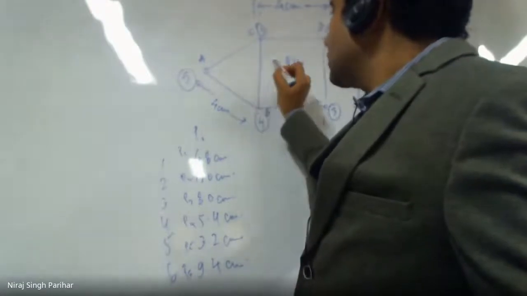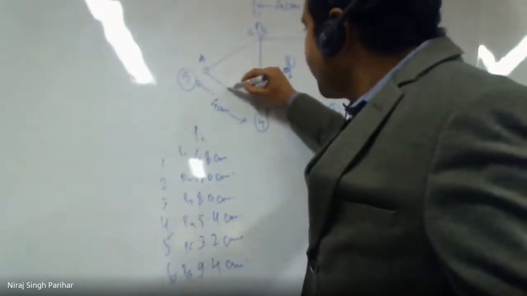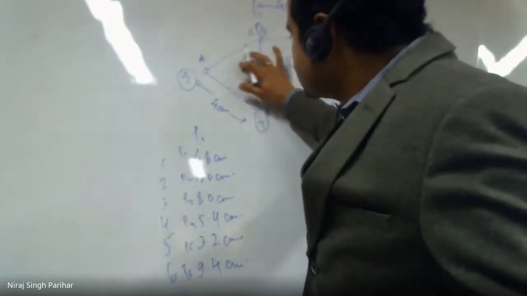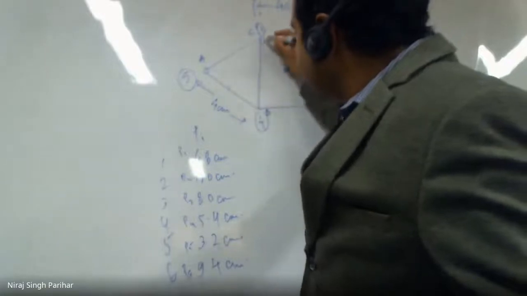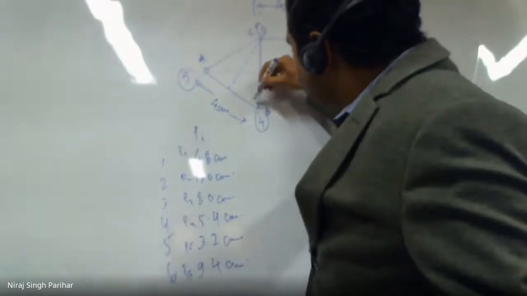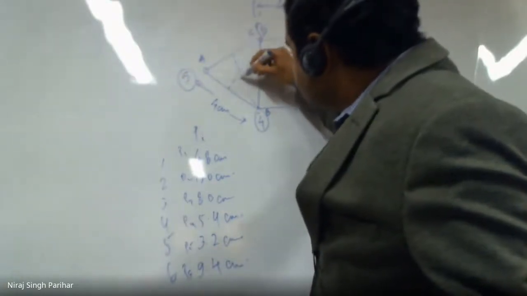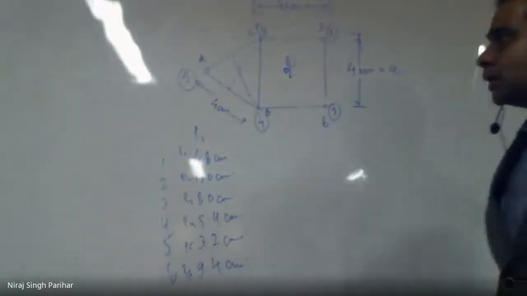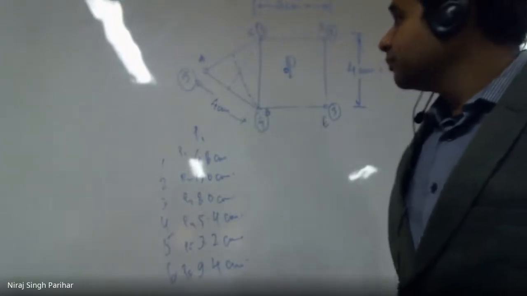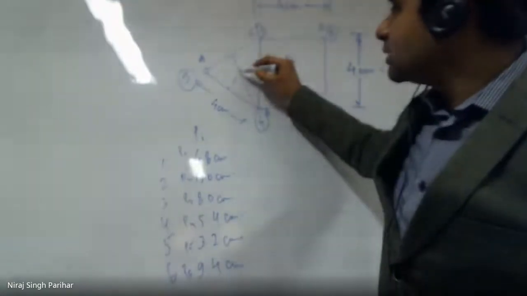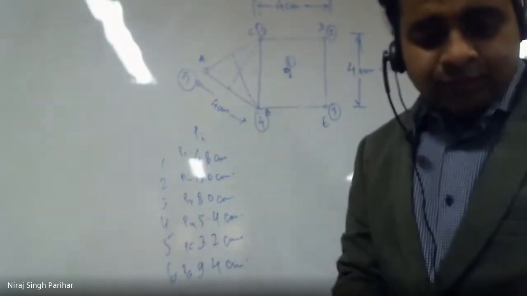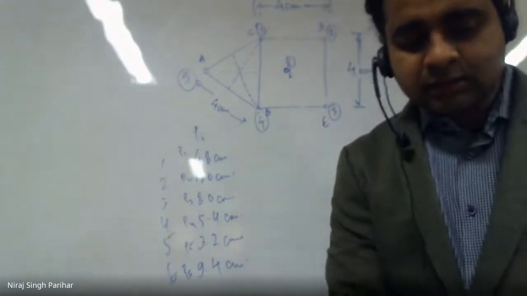One will be this, another one will be like this, and another one like this. This is an equilateral triangle, so obviously all the perpendicular bisectors will meet at the center. Otherwise, you can just draw perpendiculars like this. Now we have 3 areas for the 3 stations on this triangle.